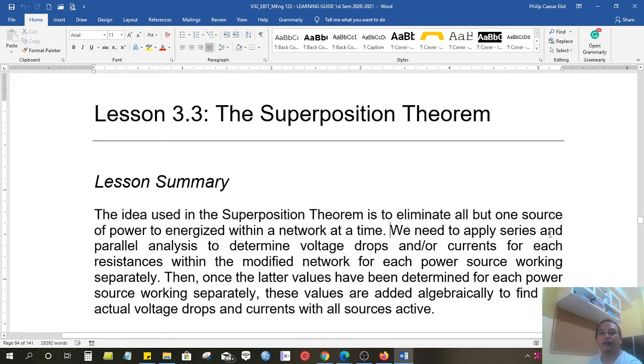We need to apply series and parallel analysis to determine voltage drops and or currents for each resistance within the modified network for each power source working separately. Once these values have been determined for each power source working separately, they are added algebraically to find the actual voltage drops and currents with all sources active.